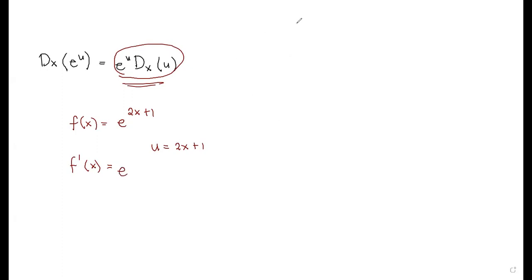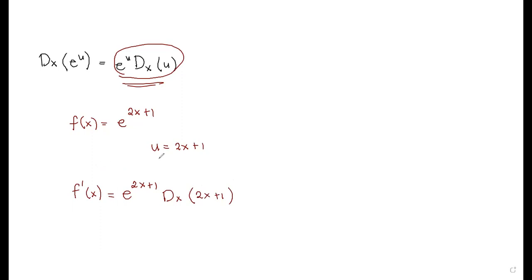I'm just going to erase this. So it's going to be f prime of x equals e to the 2x plus 1, and then you do dx. What's our u again? 2x plus 1. The instruction here is just to take the derivative of the terms after the dx.